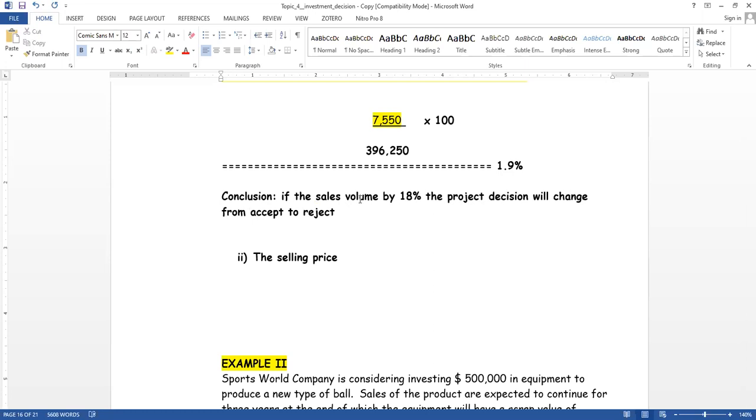okay, reduces or decreases by 1.9%, the project decision will change from accept to reject.